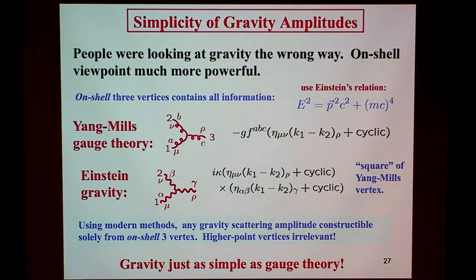It might look like an accident. And in fact, it turns out that all the information of Einstein gravity, as long as we're thinking about scattering of gravitons, is all contained right here. Okay? And in fact, gravity is just as simple as gauge theory. That's the correct statement. Gravity is not more complicated than gauge theory. And we're going to exploit that.